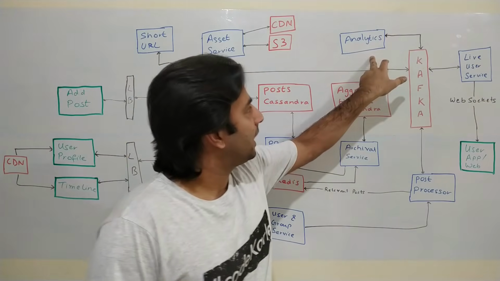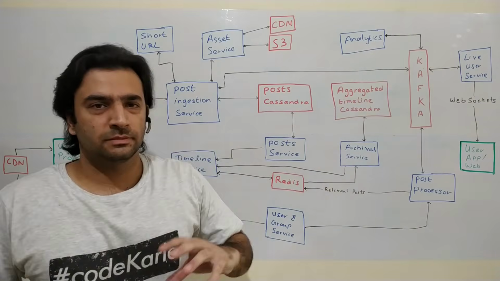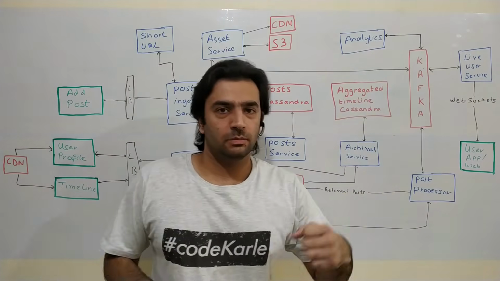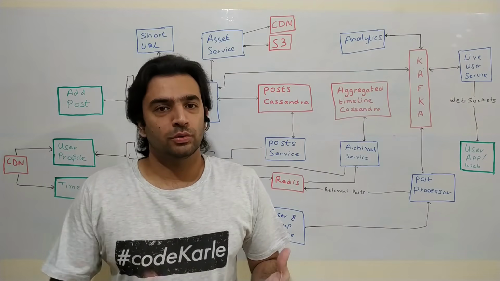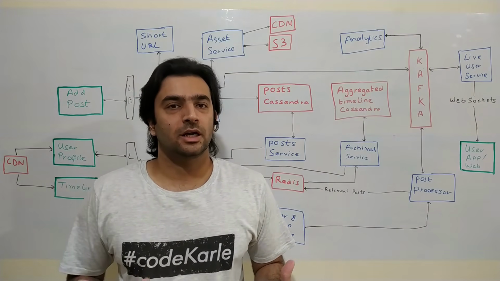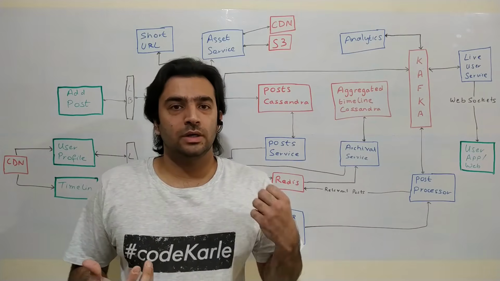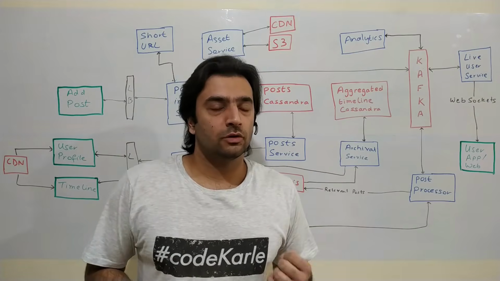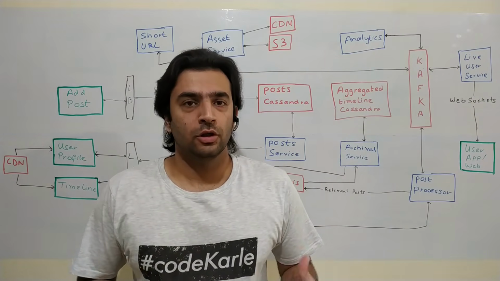There is something called analytics that you can see here. It is not a service actually. It is a lot of components. On this Kafka, there will be a streaming consumer which keeps listening to all the events coming in, and it tries to tag each post using a machine learning model, saying what kind of category the post is.